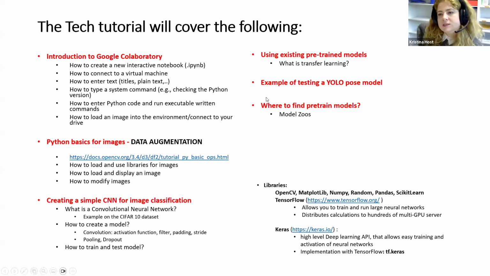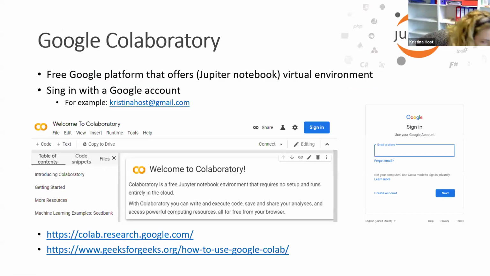Okay, so what is Google Colaboratory? It is a Jupyter environment that is made by Google. So it's a free Google platform that offers a Jupyter notebook environment. What you need to have is a Google account to sign in and use it. Here is the link for it, or you can just write Google Colab in your browser.